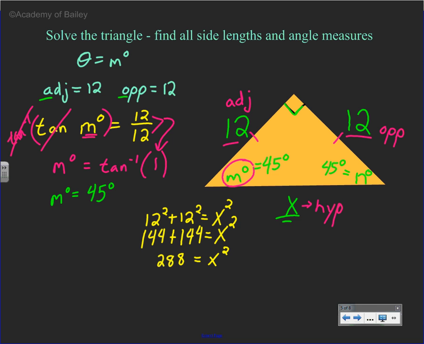We have to get x by itself, so we will take the square root of both sides. So x is equal to the square root of 288. Since it's the hypotenuse, we know that it should be larger than 12. And it is, 16.97. 16.97 is a fairly accurate answer. So now we know all three sides and all three angles.